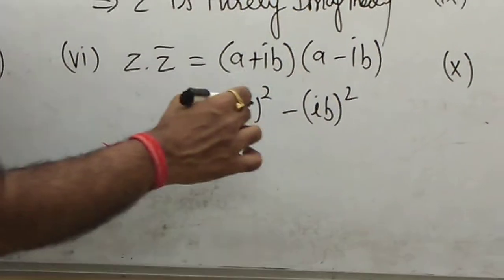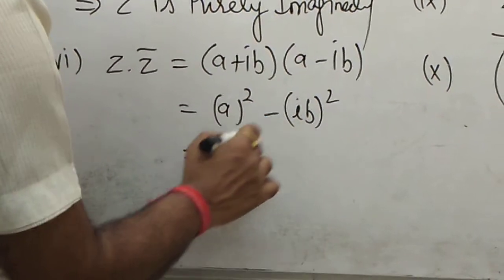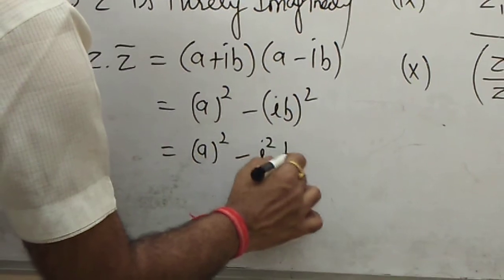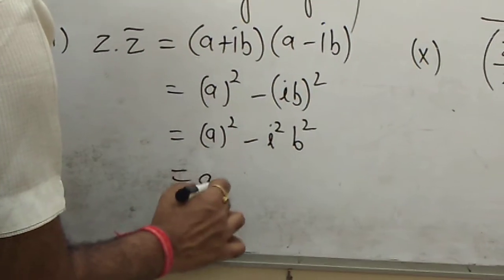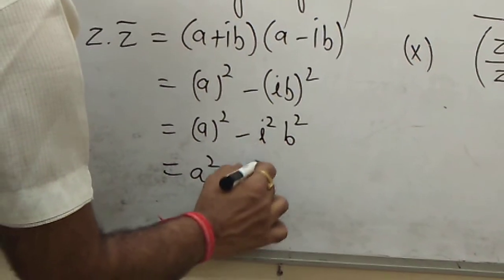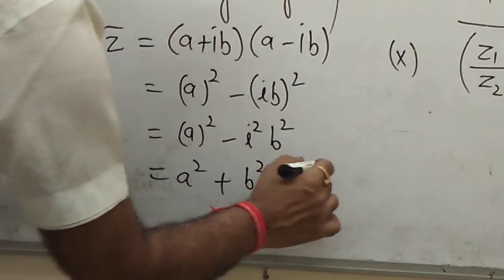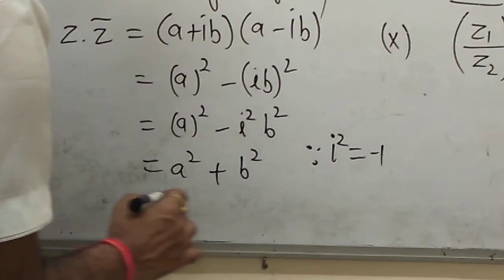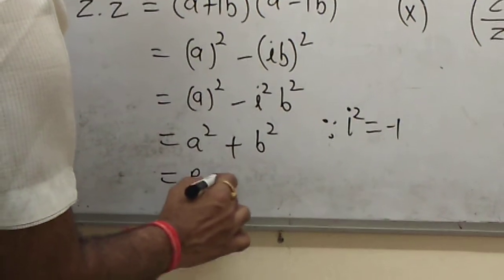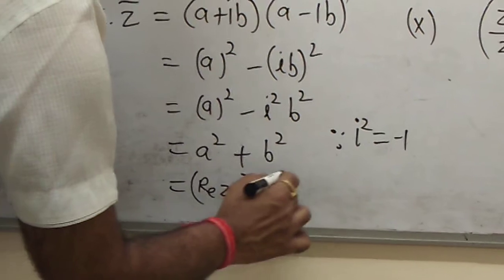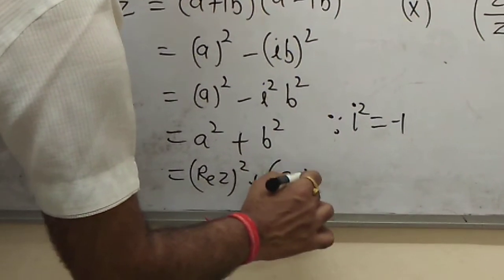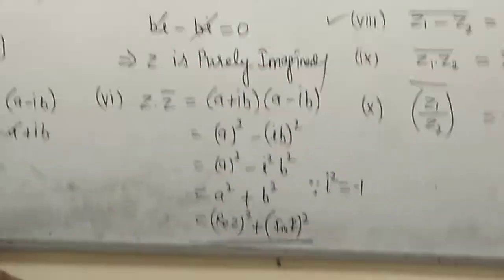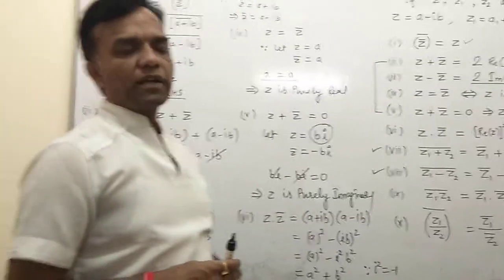So this is the property related to it, because i square here, so a square, and now minus i square b square, so a square, and now minus minus is plus b square. Since we know that i square is minus 1, so this is the real of z whole square plus the imaginary of z whole square. We have the result, there is no change. So all these properties are related to the same.